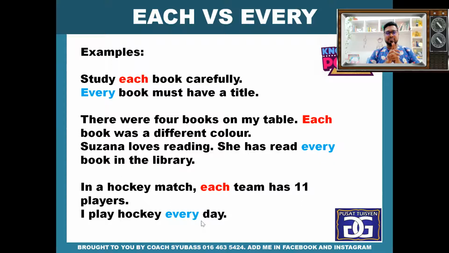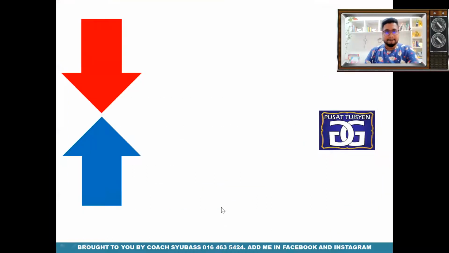What's the difference between spelling every day as 2 words and everyday as 1 word? Let me explain to you. Right, so let's look at the differences between everyday, which is spelled with 1 word, and with 2 words. What's the difference? Okay, let's move on.